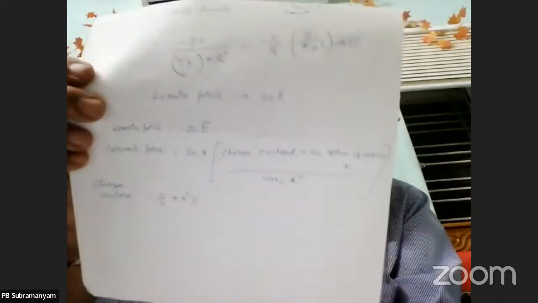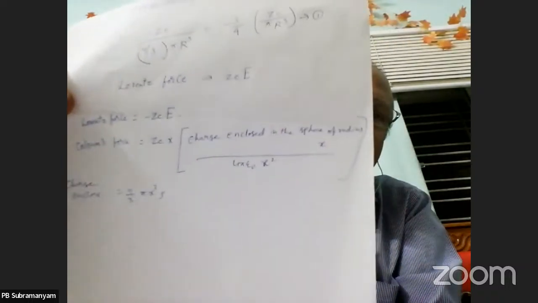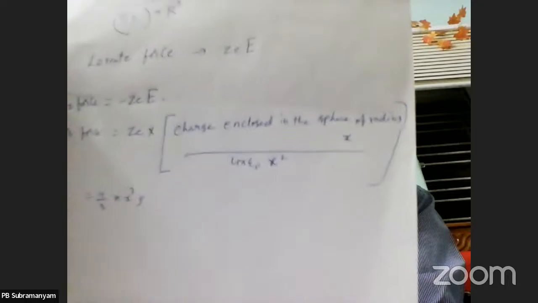The charge enclosed is given by 4 by 3 pi x cube times rho. That's how the charge has been enclosed over there. All you have to do is substitute the value: 4 by 3 pi x cube times minus 3 by 4 and so on, taken from equation number 1.